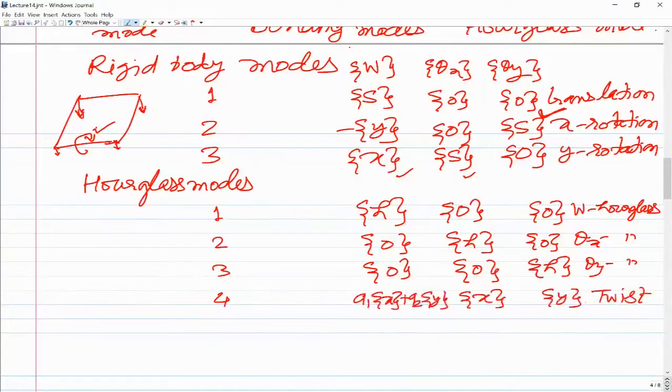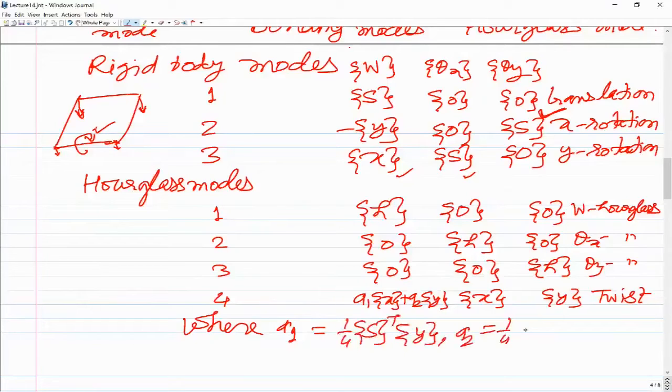For the constants, let me define here: a1 is 1 by 4 s transpose into y, and a2 is 1 by 4 s transpose into x.